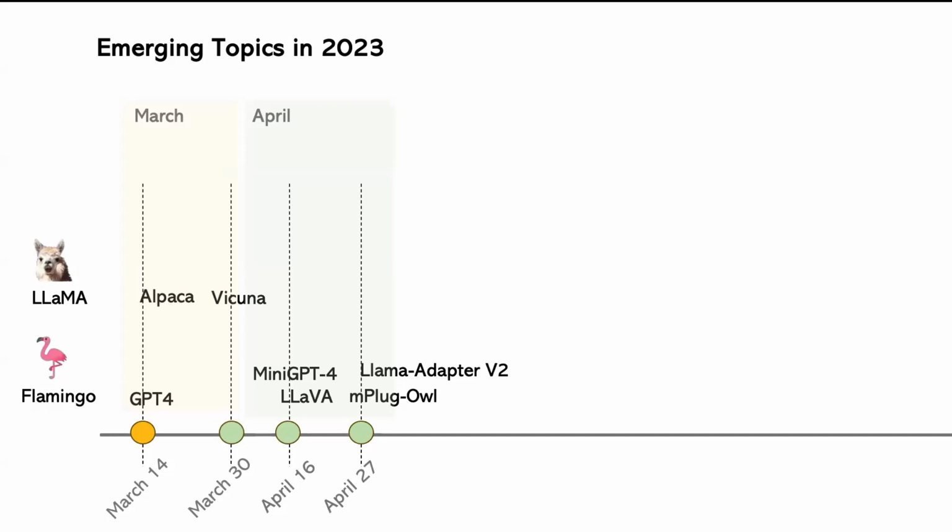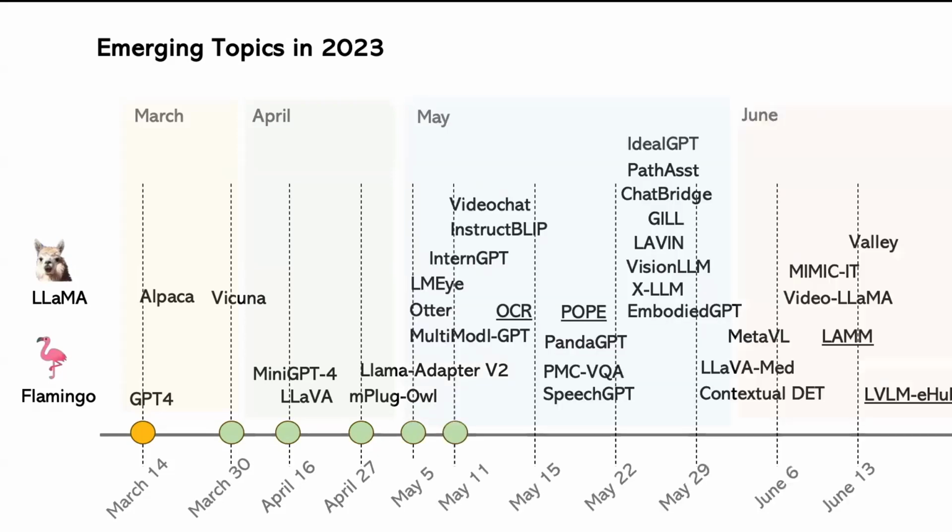And it becomes the beginning of this research topic. It becomes quite popular. This is just the plot that I showed before at last year's CVPR. And if you imagine for this year, there are too many papers and research projects that I'm not able to put them in this plot.